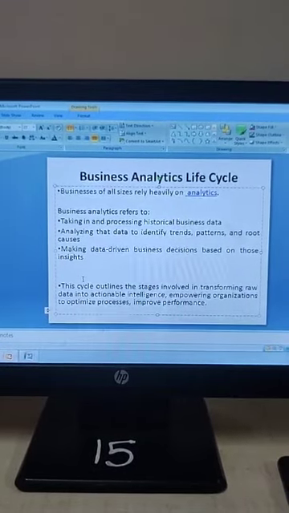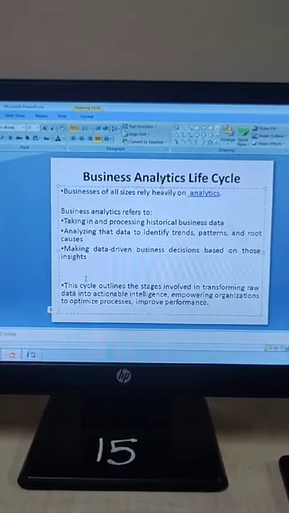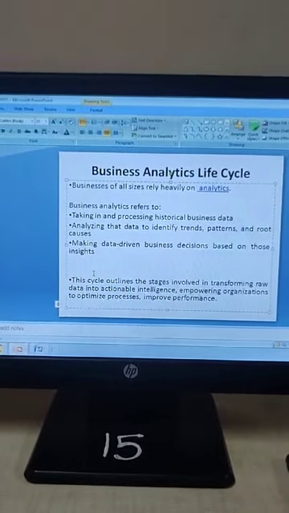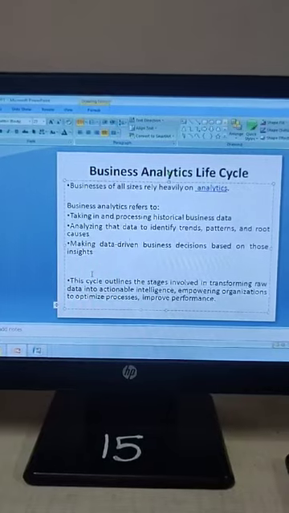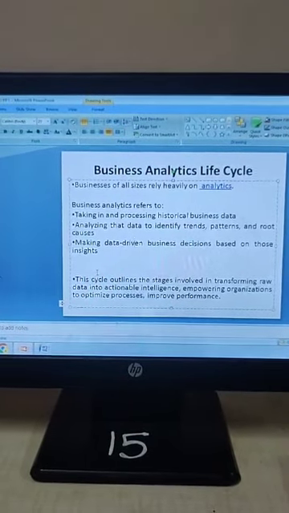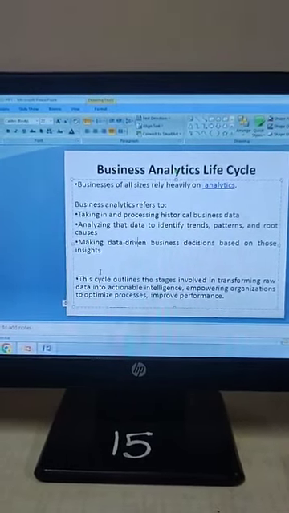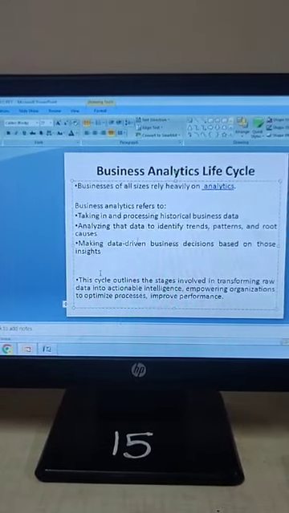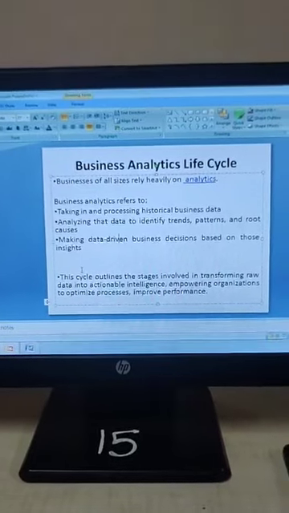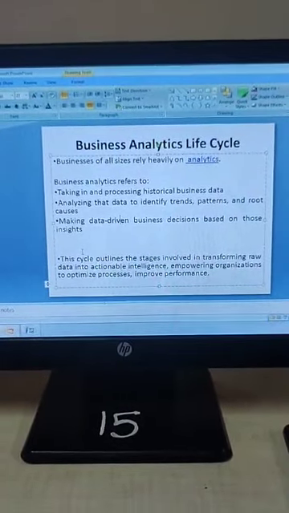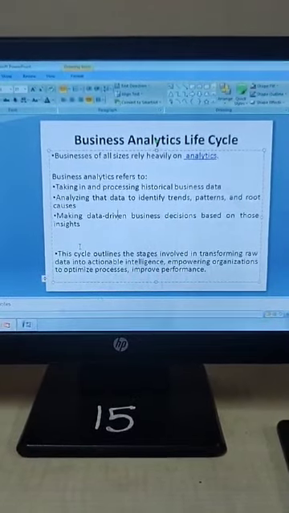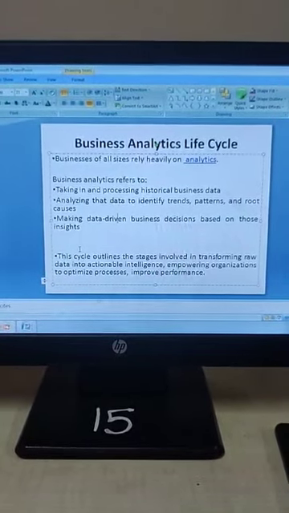This is the actual difference between business analytics and data science. Business analytics turns our raw data into business decisions, whereas data science turns our raw data into meaningful conclusions. Here in data science, we don't need to make decisions. We need to come to a conclusion by using any algorithm or statistical methods.